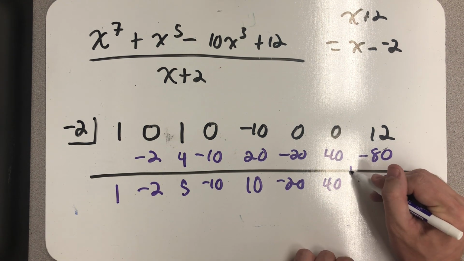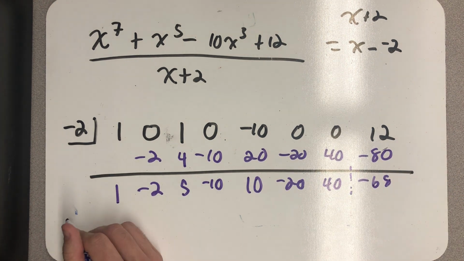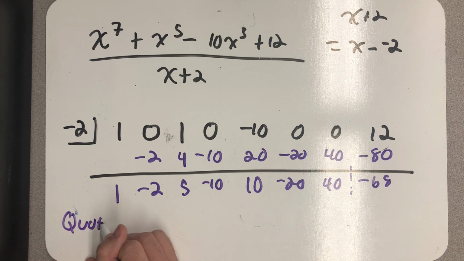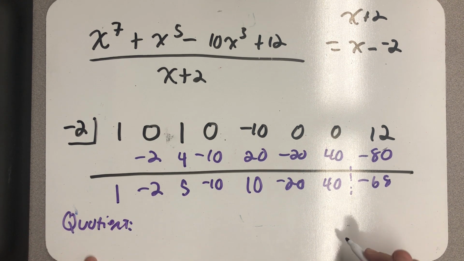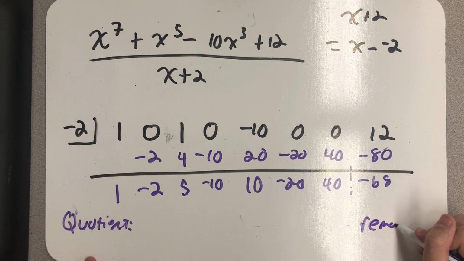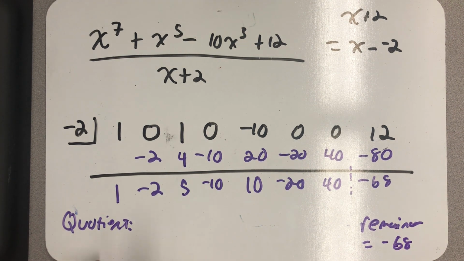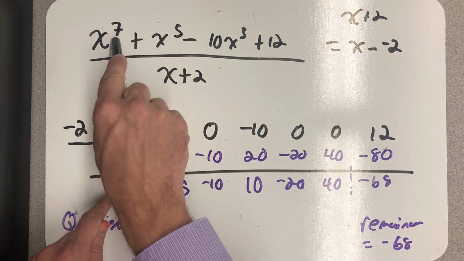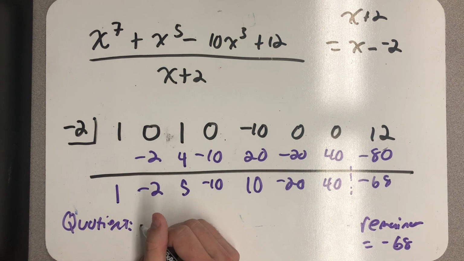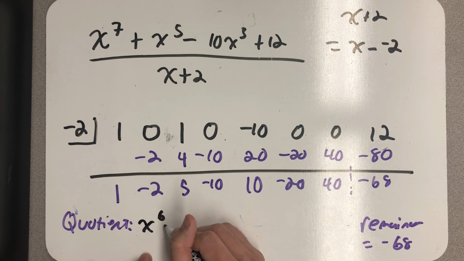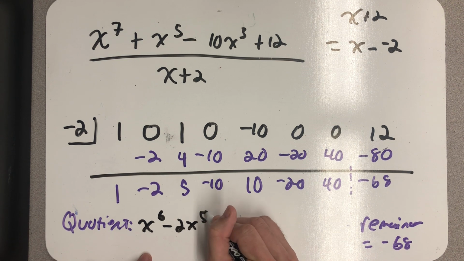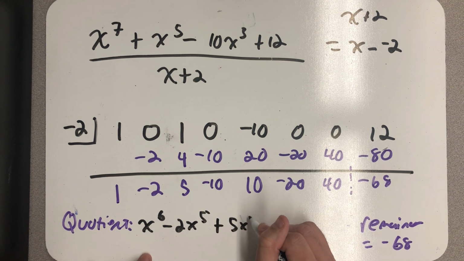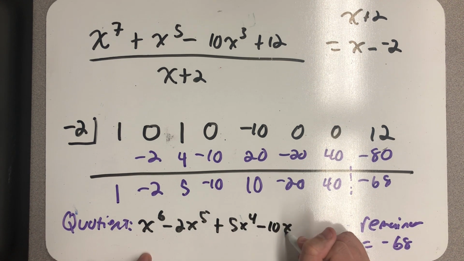All right, so now I need to write down my quotient and my remainder. My remainder I know is minus 68. Now let's write down the quotient. I need to remember these are the coefficients, but this always starts with 1 degree less than this one. So this is 1x to the 6th minus 2x to the 5th plus 5x to the 4th minus 10x cubed plus 10x squared minus 20x plus 40.